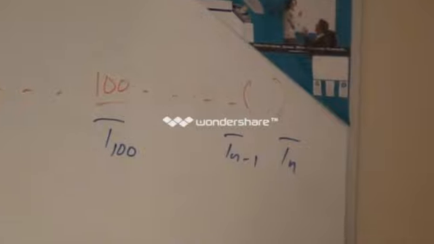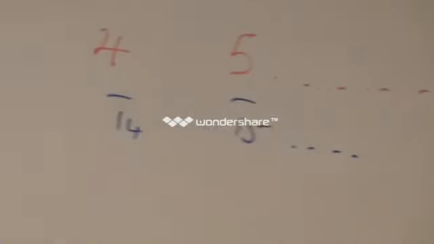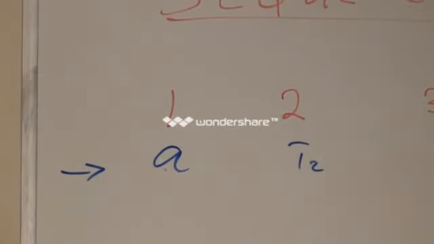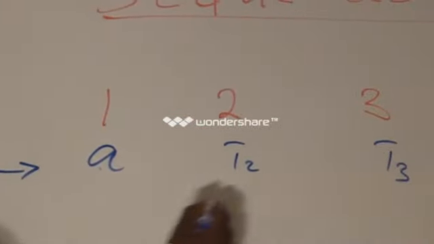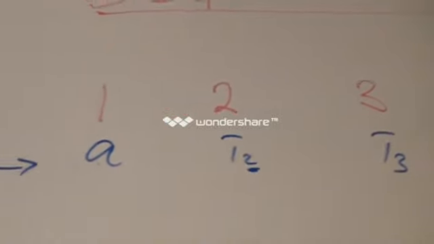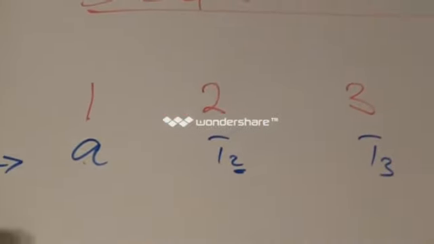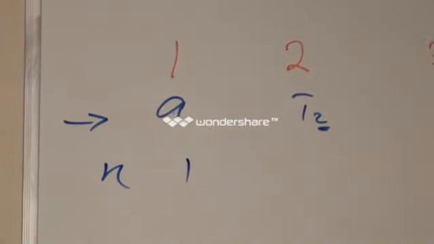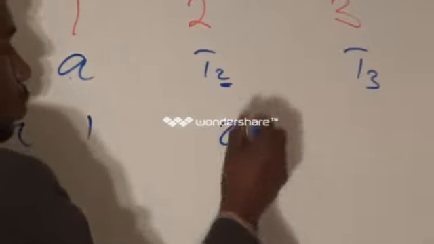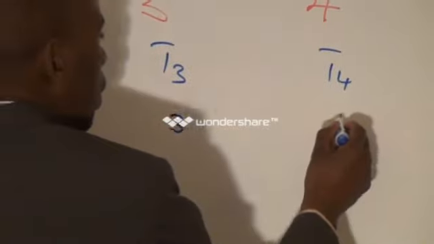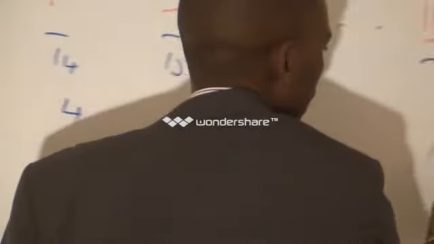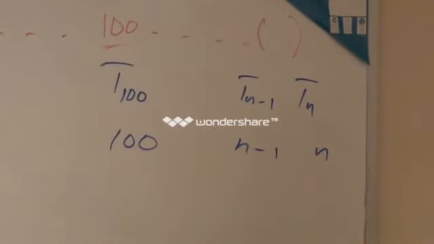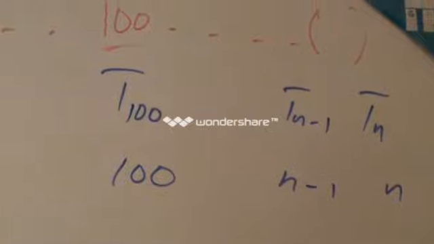And we also say, this we can represent with the letter A. And if we look at the subscript in general, this is our first term, so our subscript is actually 1. Second term subscript 2, and 3, 4, 5, 100, n minus 1, n, the nth term. Right? Happy?